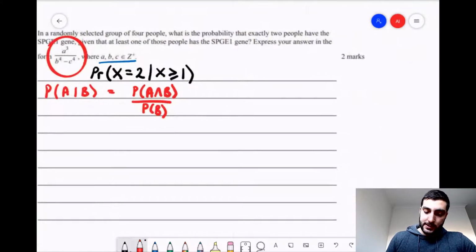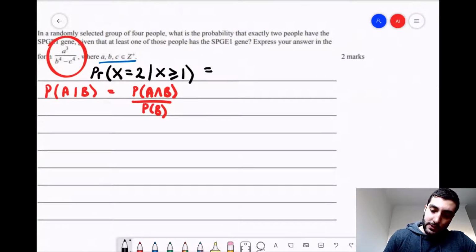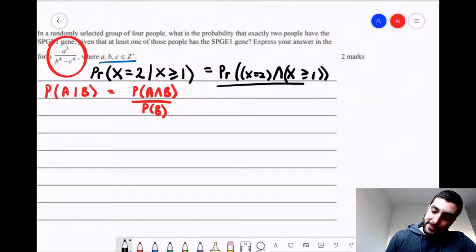So in this case, that's equivalent to the probability of x equals 2 intersection with x greater than or equal to 1. Maybe I shouldn't have put extra brackets in there. It's maybe a little bit hard to see, but hopefully you get that over what's given. So the probability x is greater than or equal to 1.